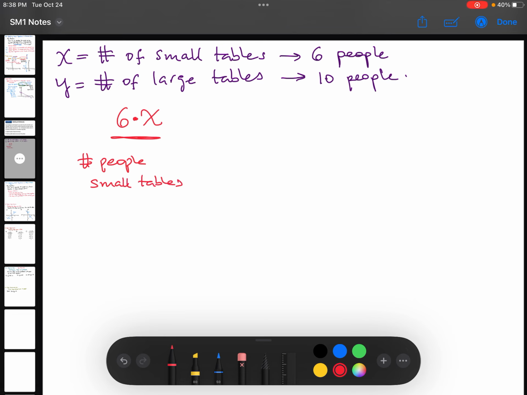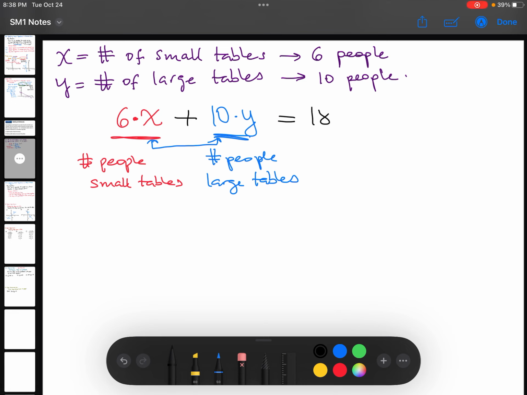And if you add the number of people seated at the large tables, how do you represent that? Well, it's 10 people multiplied by the number of large tables. When you put these two expressions together, this plus this, remember what the total was? I need to sit 180 people. That's how we make sense of this.